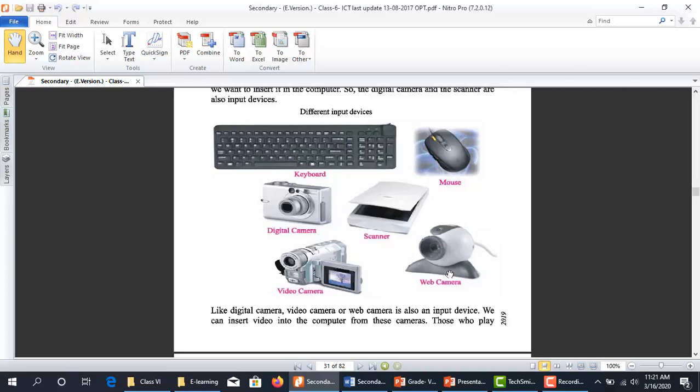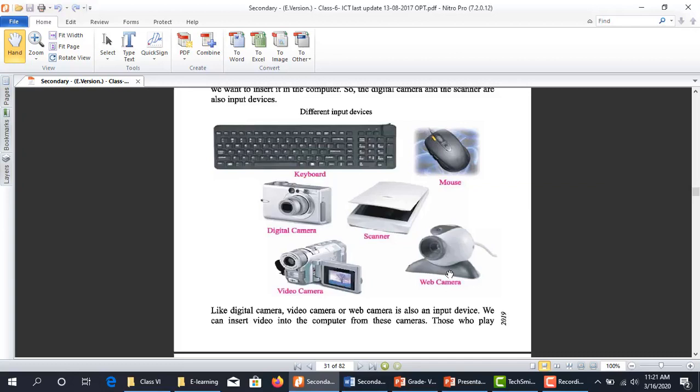And the web camera is very important. There are a lot of web cameras. I think you know about the IP cameras, the internet protocol cameras, that are connected to your computers. CCTV cameras, you know very well, are for the purpose of security. You have web cameras, you have CCTV cameras. Both of these are input devices.